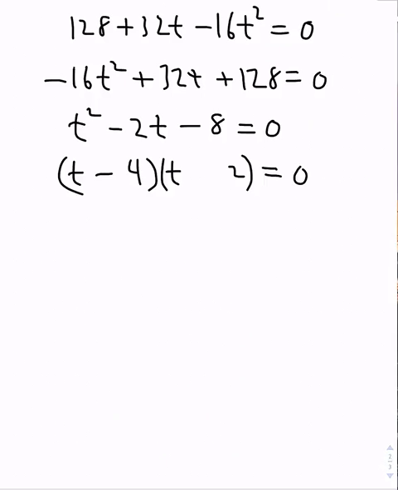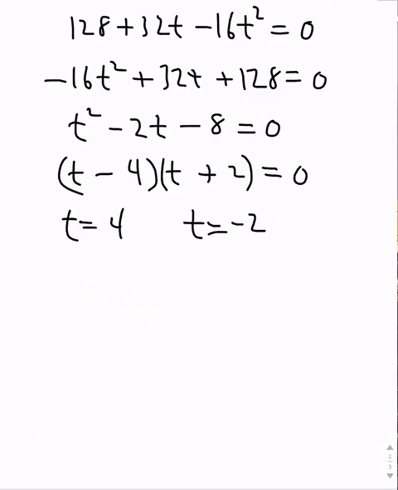I'll make that negative and that positive. And do a quick FOIL to check. I get t squared plus 2t minus 4t, so that gives me the minus 2t, and then minus 8. So that works. Okay. So that means I have two possibilities, two solutions. I have either t is 4 or t is minus 2.